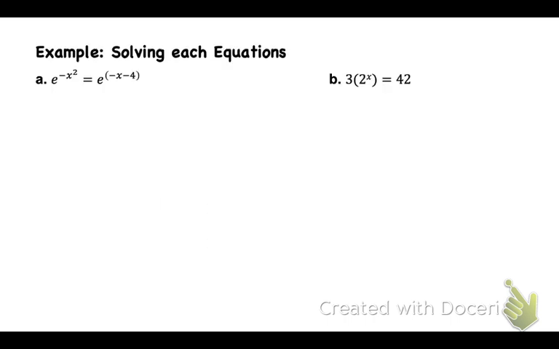Okay. So e to the negative x squared equals e to the negative x minus 4. Aren't those just equal? Yep. So negative x squared equals negative x minus 4, because it's the one-to-one property.